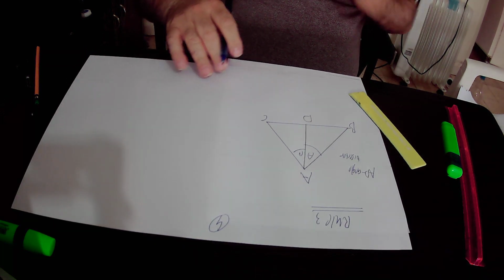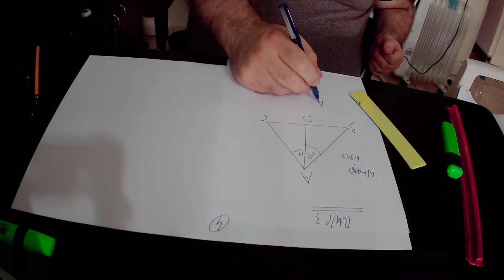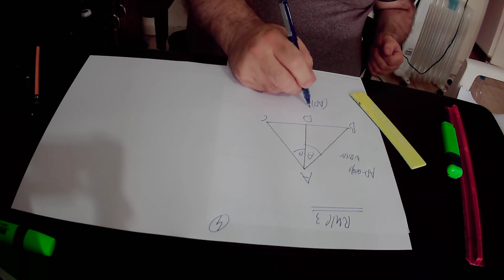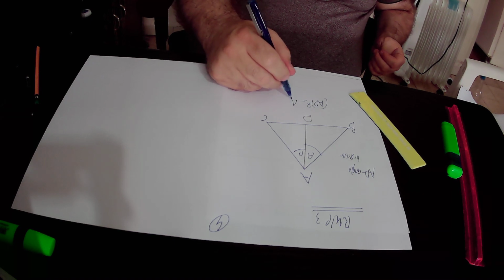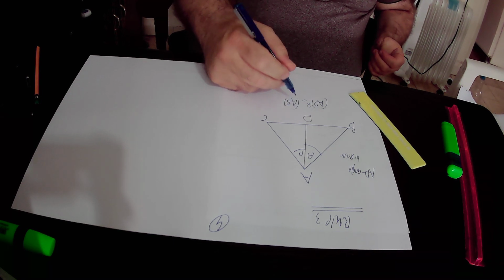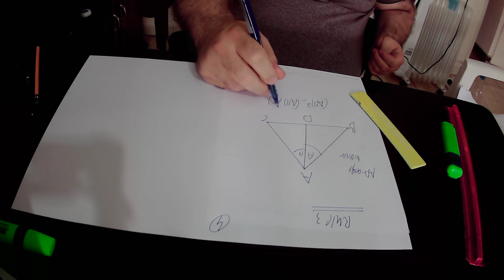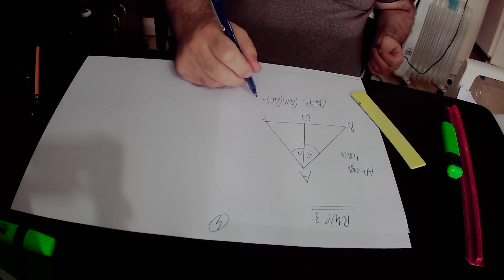So according to rule number 3, we'll get that AD squared equals AB times AC minus BD times DC.